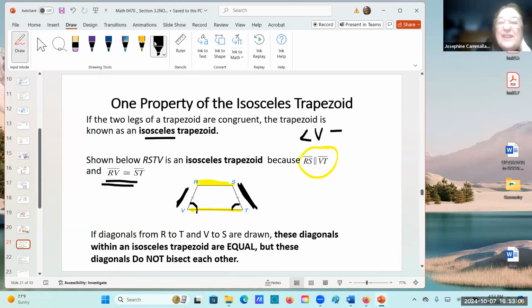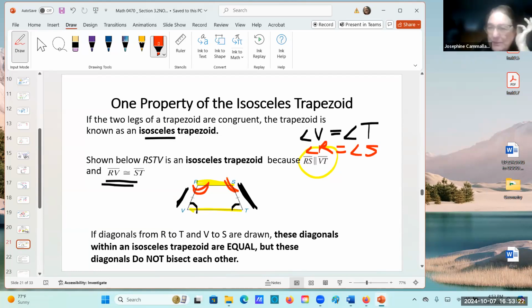Angle V is going to equal angle T, but also angle R and angle S are going to be equal.